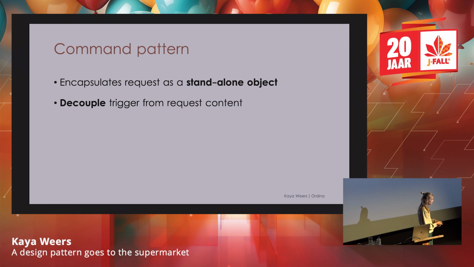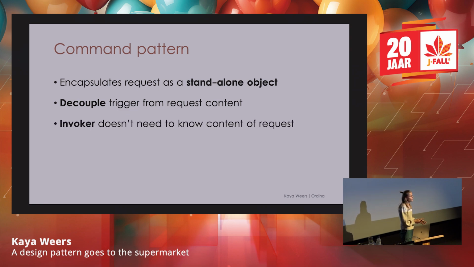In this case, Mom doesn't have to go to Bobby. She can give it to the sister, and she doesn't have to worry about when it's executed. She's decoupling the trigger from the content. And that little sister doesn't need to know what the request is. She doesn't need to know what's on that note. She just puts it on the table, knowing that it will then be executed.